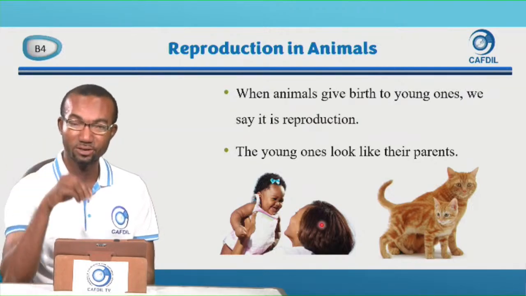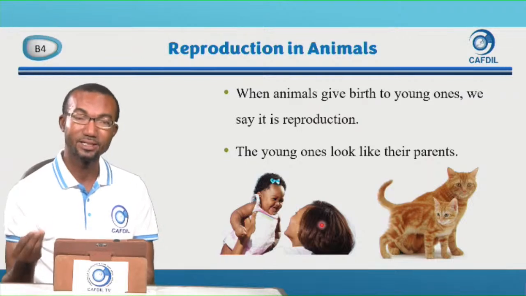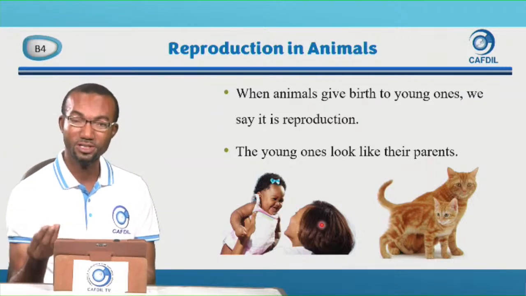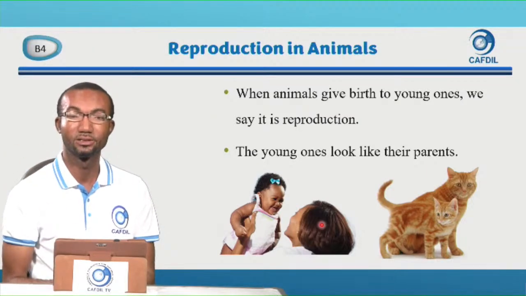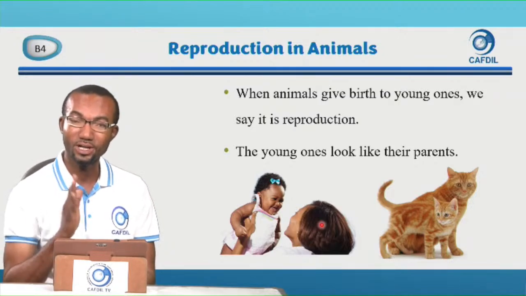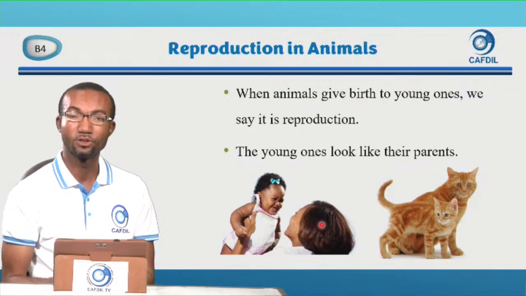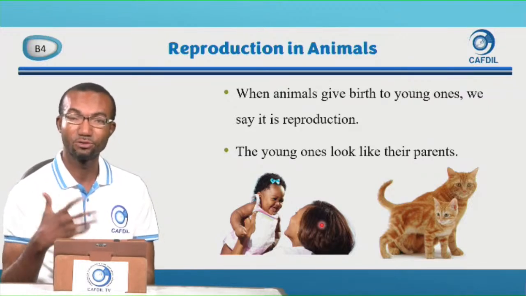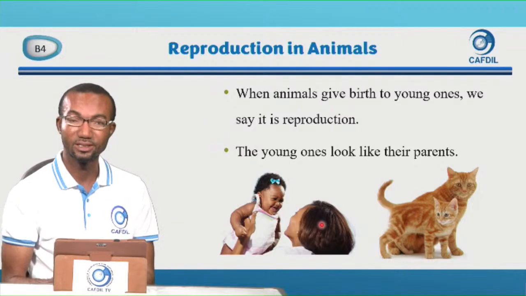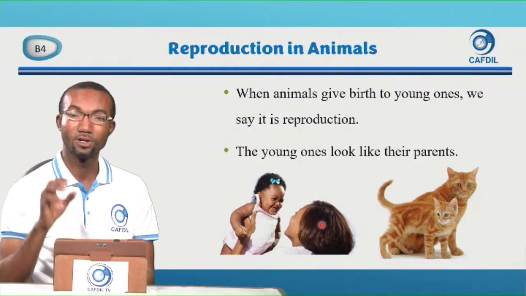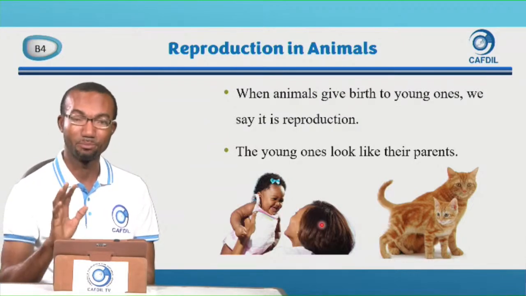Human beings give birth to human beings. Cats give birth to cats. Dogs give birth to dogs. That is what we call reproduction. So when animals give birth to young ones, we say it is reproduction, and the young ones look like their parents.